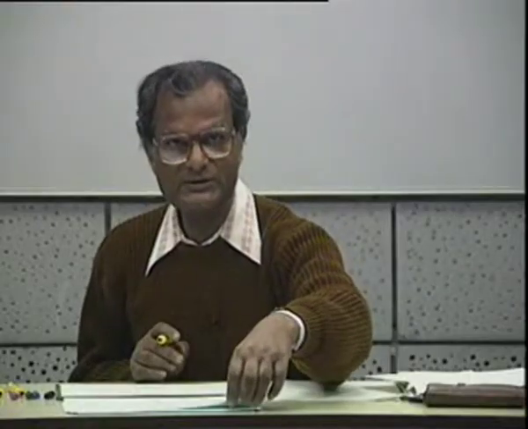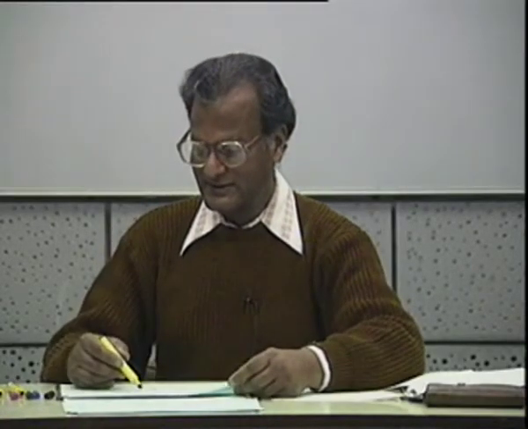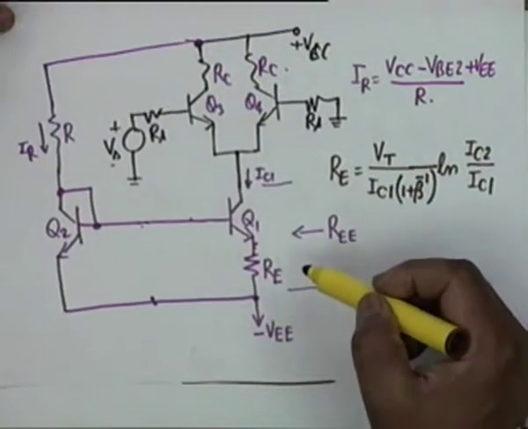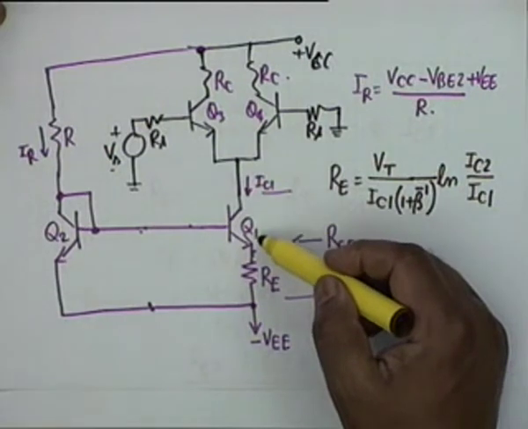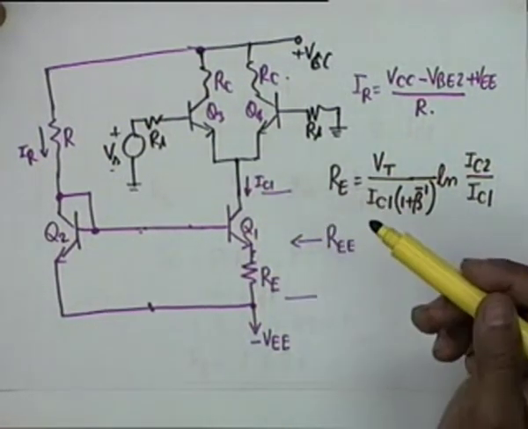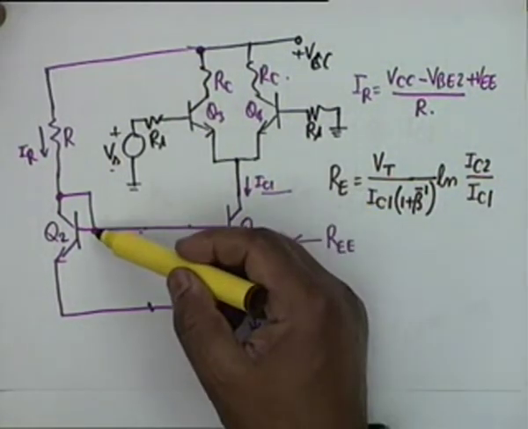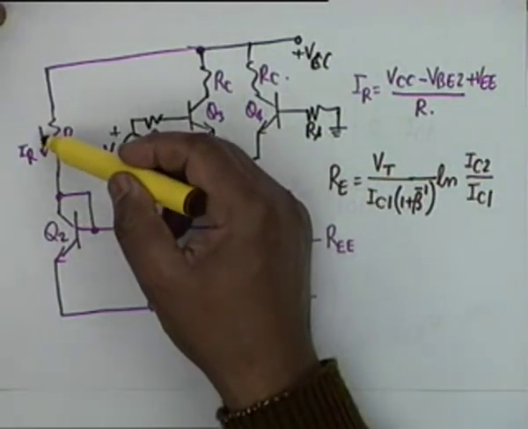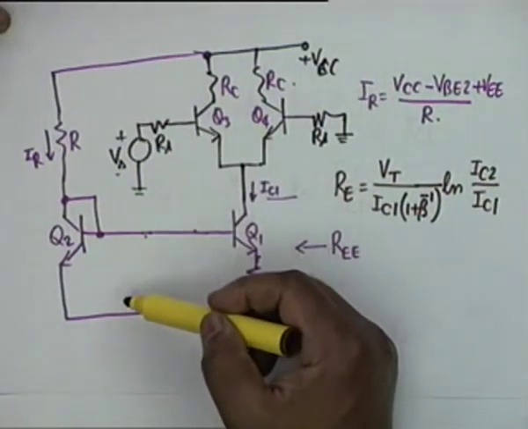In order to show this, obviously what we have to do is calculate the output resistance of this transistor when it is operated in the current source mode. That is, its VBE is controlled by a reference current and a reference transistor VBE.